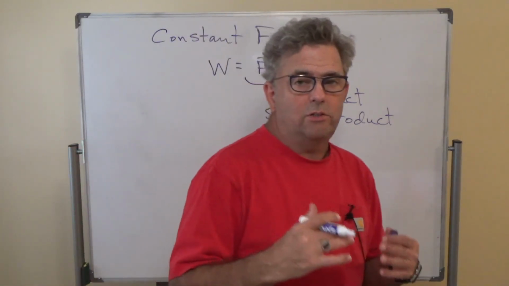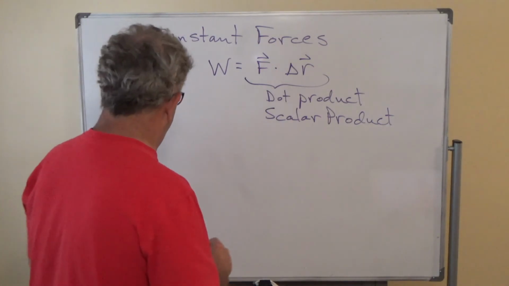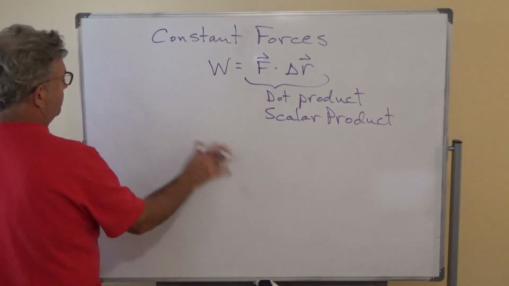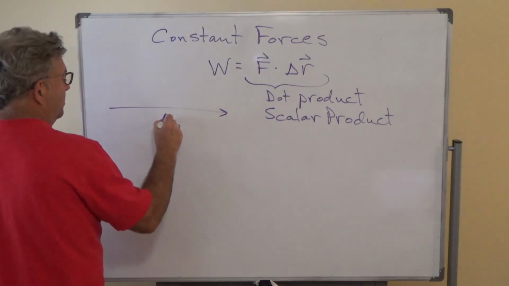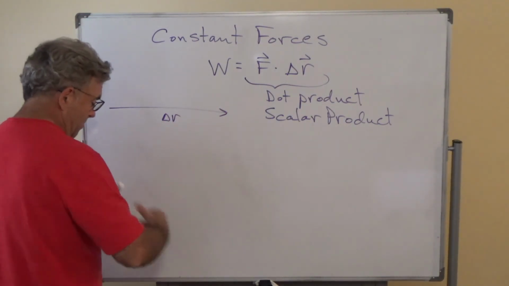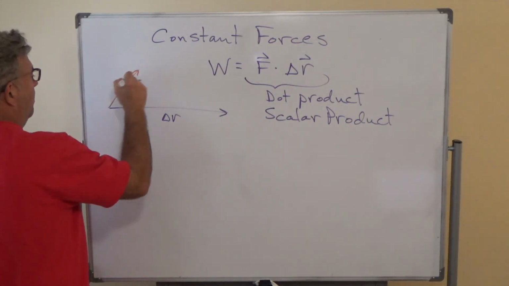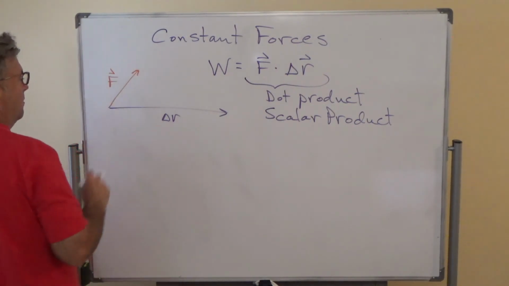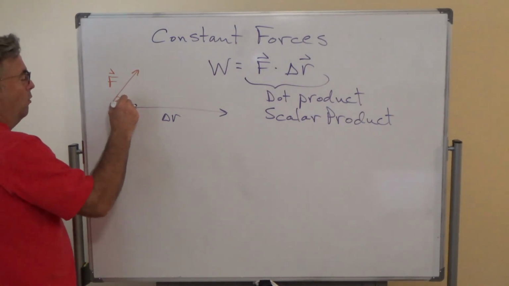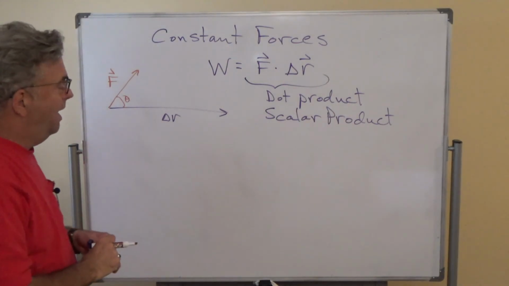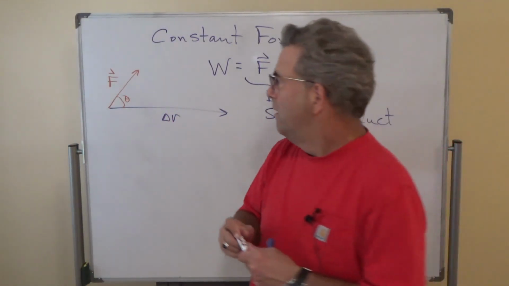So when you dot two vectors together, and since we're talking about forces and displacements, let's say this is delta R, and the force is here in this direction, and there's an angle between F and delta R of theta.